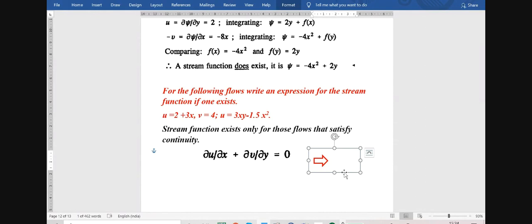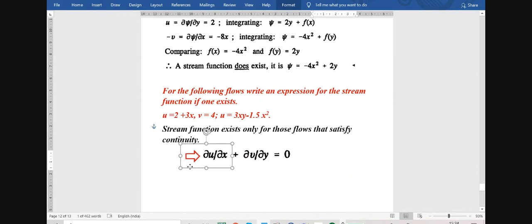Now, before finding the expression for stream function, check whether such a flow exists. If the flow does not exist, then the question of stream function does not arise. So when can you say that the flow exists? You can say that the flow exists only when the continuity equation is satisfied. Now what is the continuity equation? This is the continuity equation.